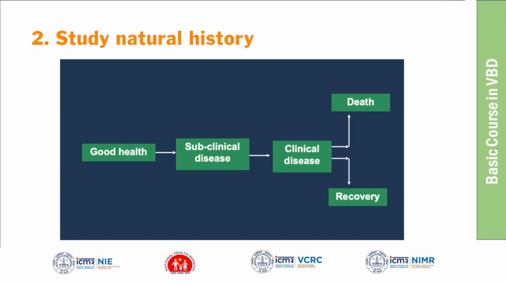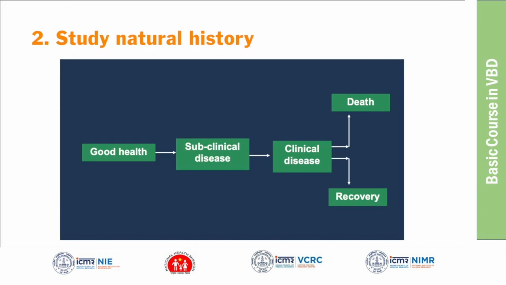And then what we see is a clinical disease, which means he has signs or symptoms, for example, fever or rashes or diarrhea or any of the physical signs such as the blackening of the skin. That is a clinical disease. And then ultimately the patient or the individual may recover or die of that particular illness. This is called natural history.